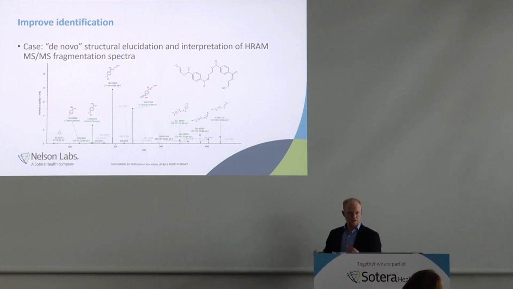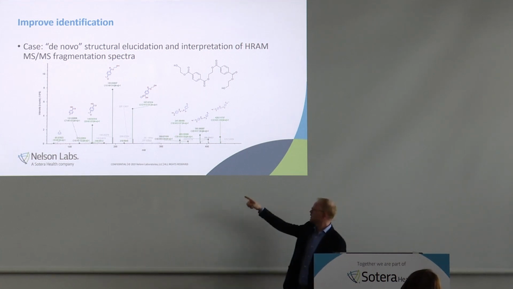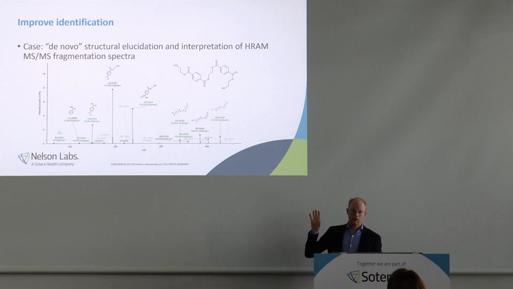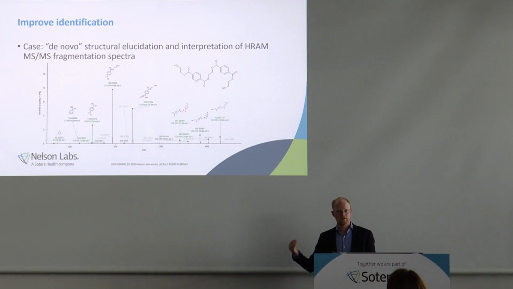Then you can try to build structures, and that's just a textbook example on how to build structures based on fragments, and you come up with an identification. At the top left of the screen, once you have that structure, we can purchase an analytical reference standard of that compound, and we can confirm our theoretical jigsaw puzzle identification.